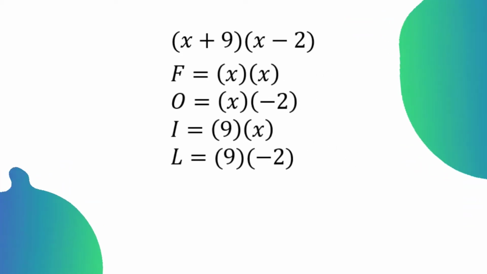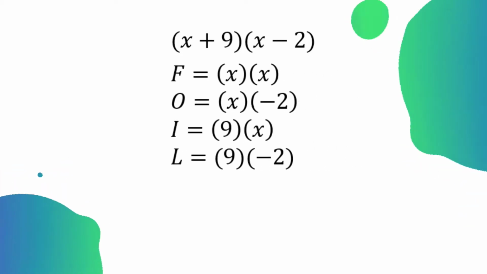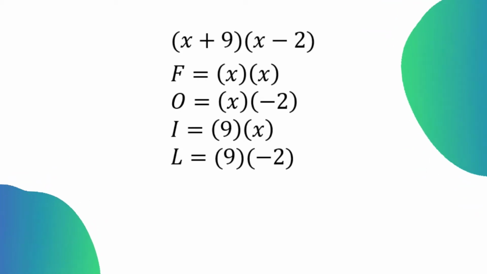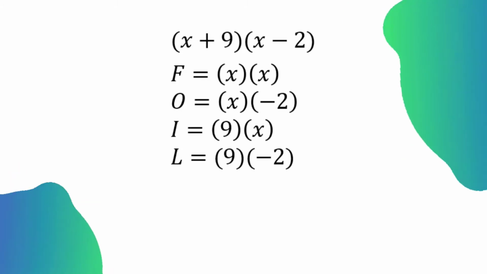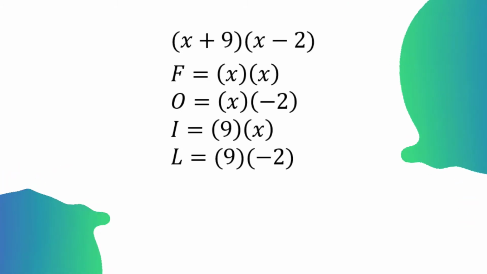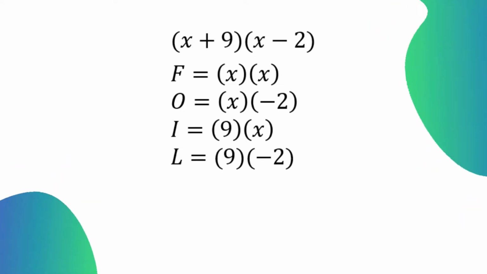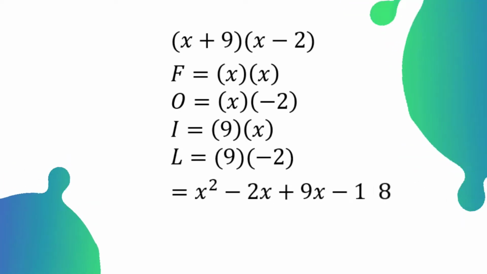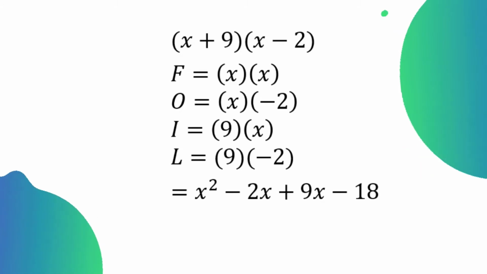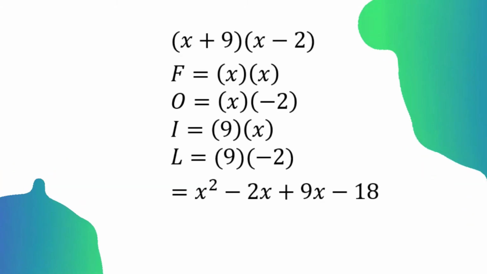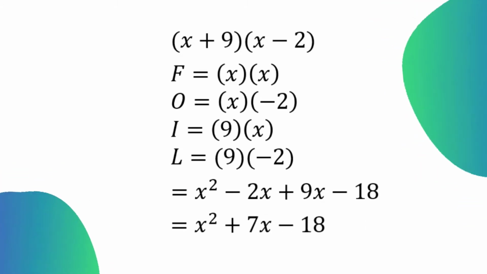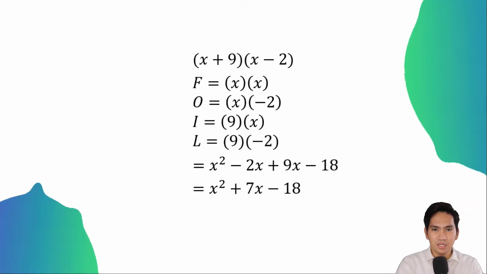We can also utilize FOIL method. So we are going to start with the first terms, x times x, multiplying outer terms, x times negative 2, then multiplying inner terms, 9 times x, and then multiplying last terms, 9 times negative 2, resulting into x squared minus 2x plus 9x minus 18. Then simplifying further, we will be having x squared plus 7x minus 18.